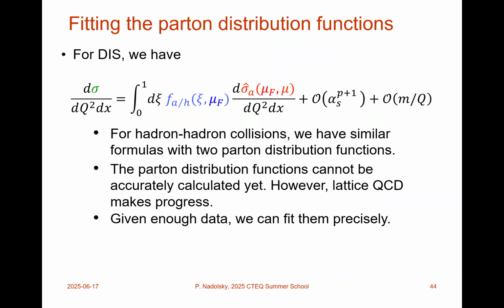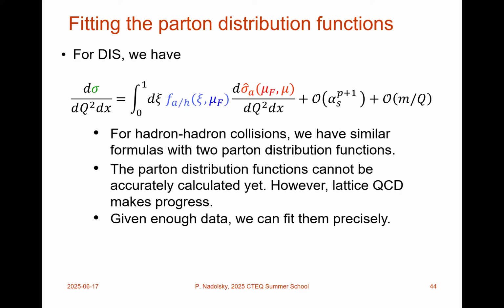Okay, so the other important question is how we find these parton distribution functions. We either find parton distributions by fitting several very precise experimental measurements. We cannot calculate them yet, but we also try to calculate them on the lattice. The next lecture will discuss our techniques for finding the parton distribution functions.